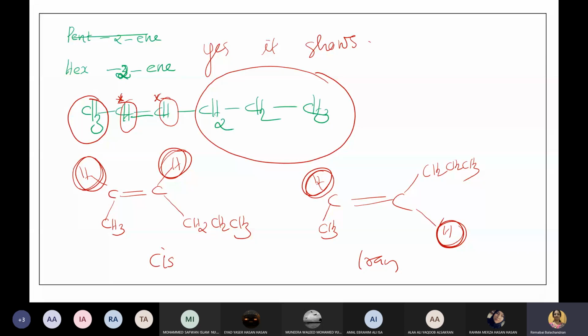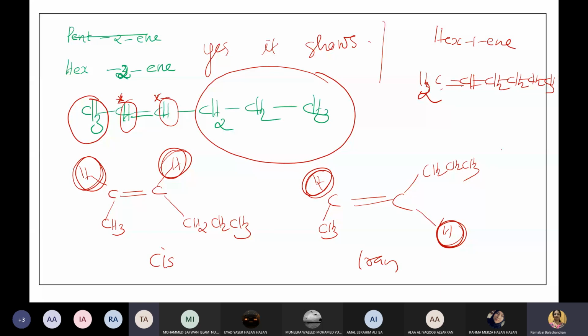What about hex-1-ene? Does it show? Hex-1-ene, what's the formula? 1, 2, 3, 4, 5, 6. 1-ene is this one: CH2=CH-CH2-CH2-CH2-CH3. Does this show?